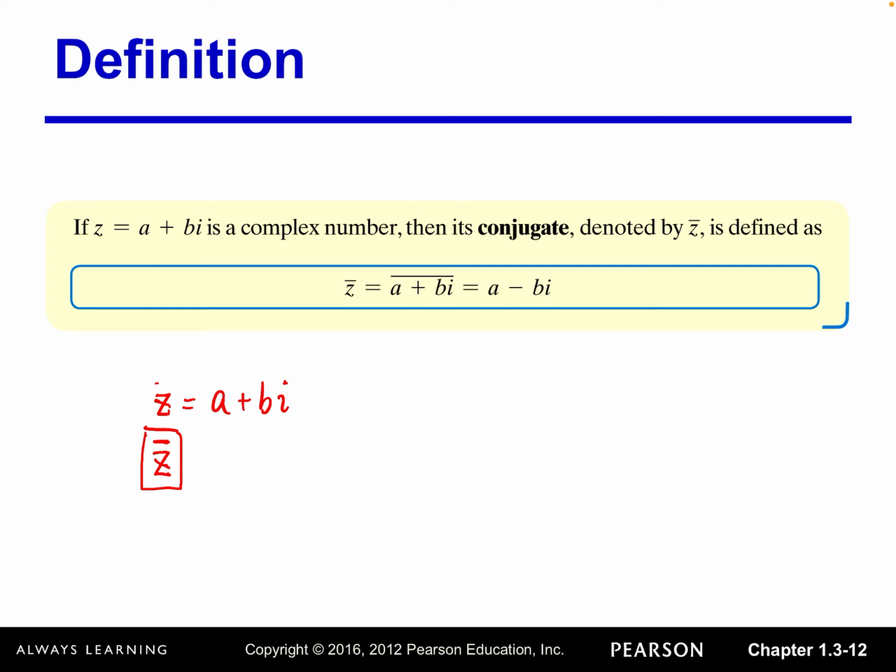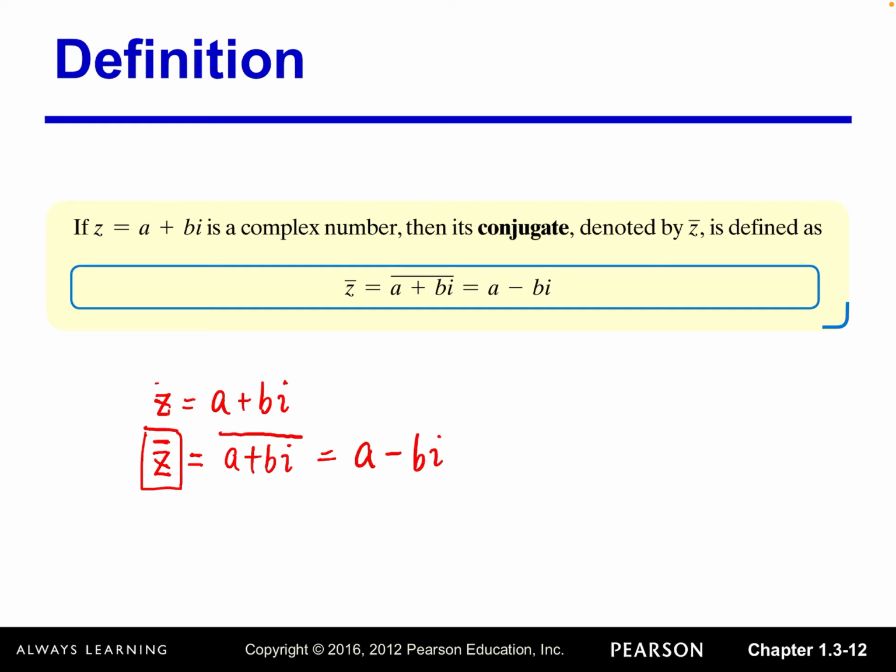Just put a very short horizontal bar on top of the complex number. So z bar, or the conjugate of z, can also be written as a plus bi bar, which equals a minus bi.